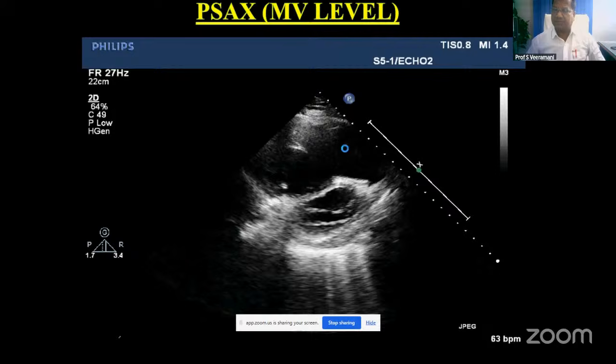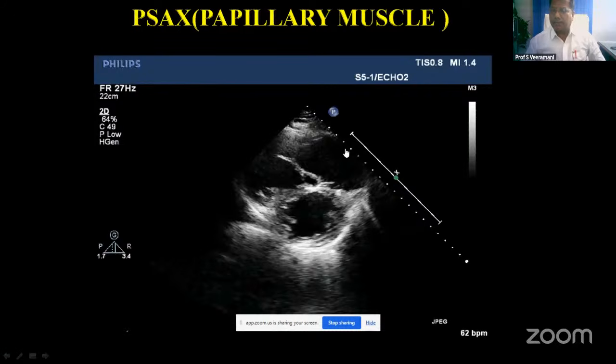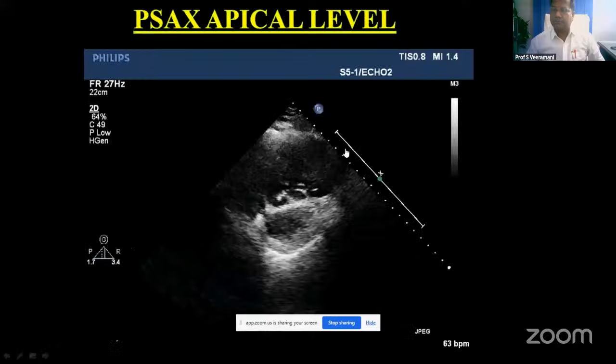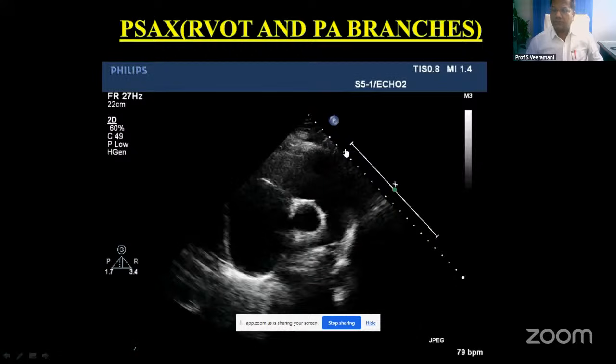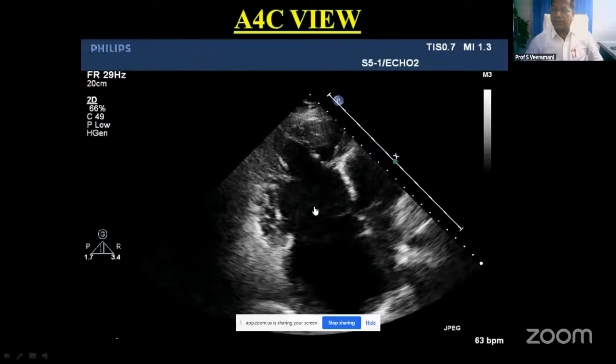We have demonstrated that at the papillary muscle level, the RVOT is also dilated. Here the apical aneurysm is there, and the RV is very much dilated.